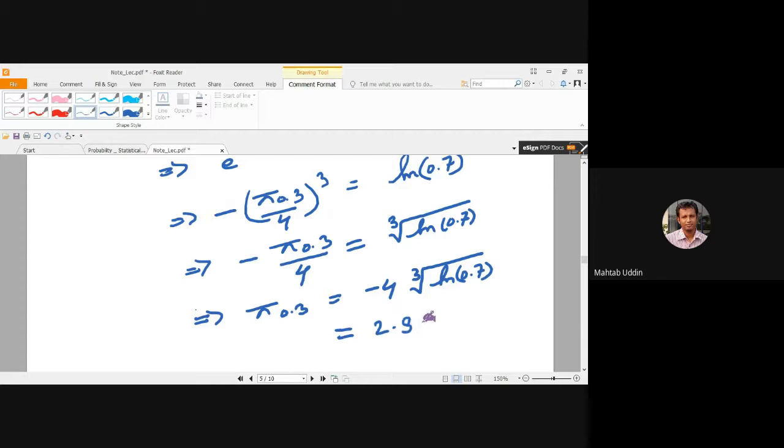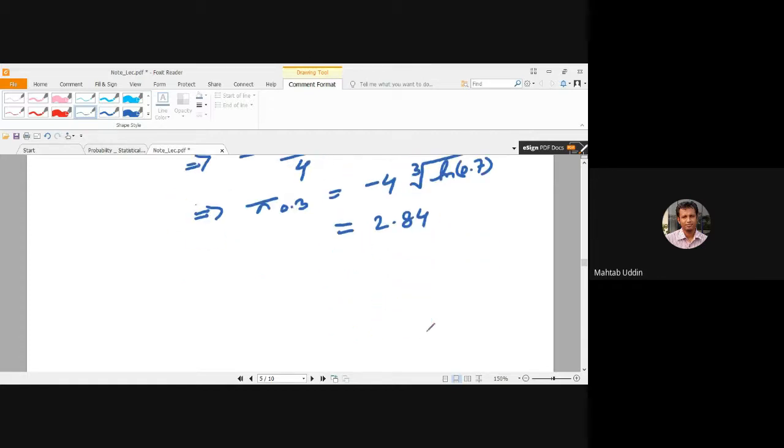Similarly, they have found the 90th percentile. So we write pi 0.9 is equal to 0.9. In a similar manner, you can solve this.